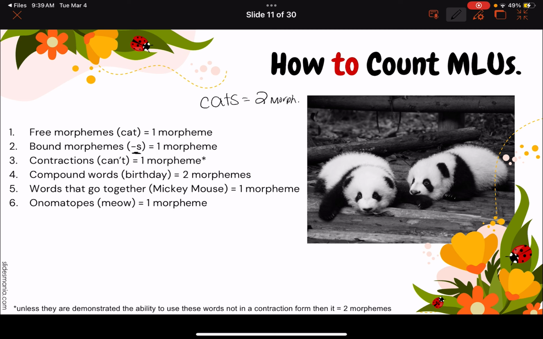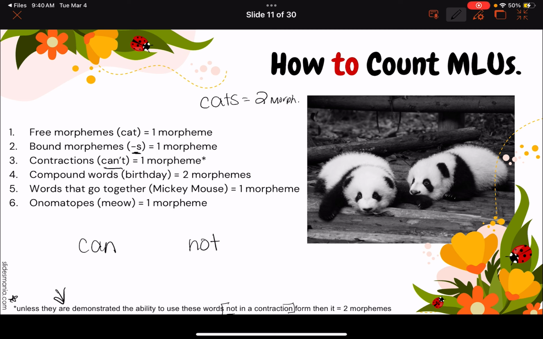2 morphemes. Okay, 2 morphemes. Contractions are 1 morpheme unless, this is really, really critical, unless the child has demonstrated their ability to use the words in an uncontracted way. Oh, I'm sorry, this says unless they use the words not in a contraction. So if at some point in time they have used the words can, not, right?